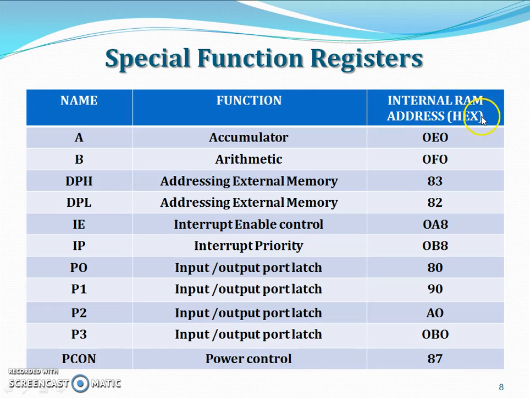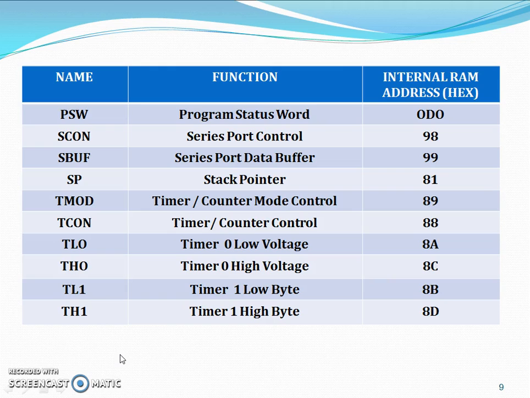Here we can see the addresses of those registers: interrupt enable IE, interrupt priority IP, port 0, port 1, port 2 and port 3. All the ports also work as registers for moving data from the microcontroller to outside or from outside into the microcontroller. Here are the addresses of those registers, and PCON, the power control register.